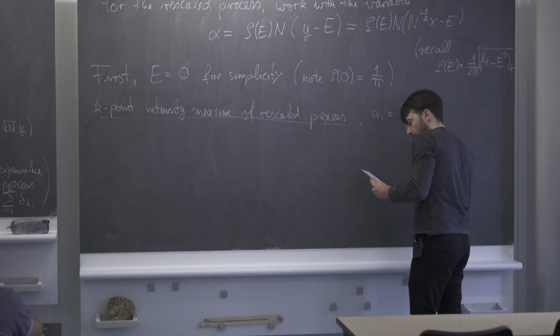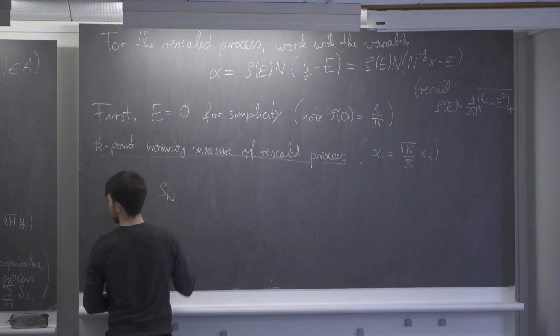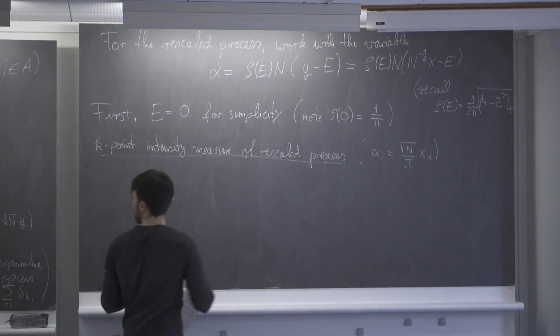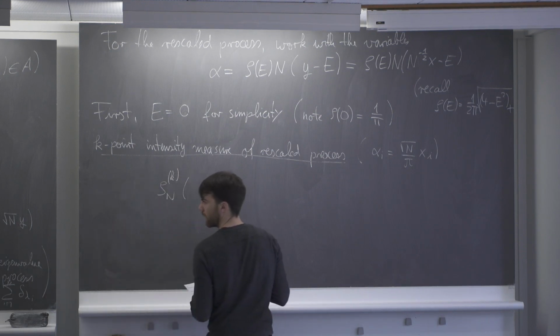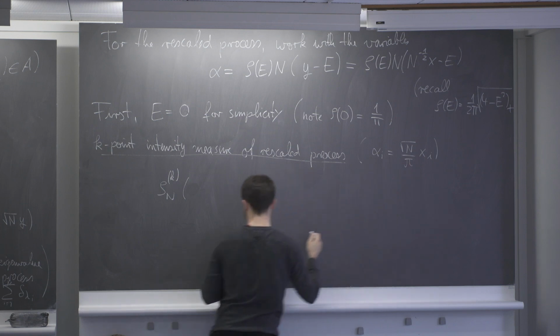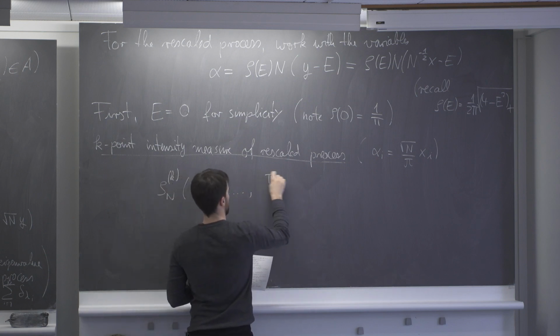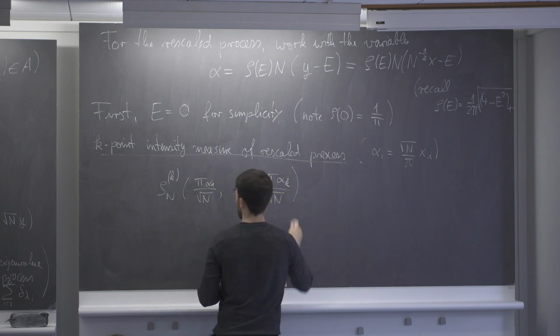Okay, and so now I can just do the change of variables in this measure. So rho n k, now it's a function. Well, I have to solve this for x. So I have pi alpha 1 square root n up to pi alpha k square root n.